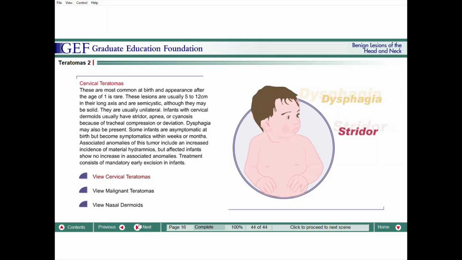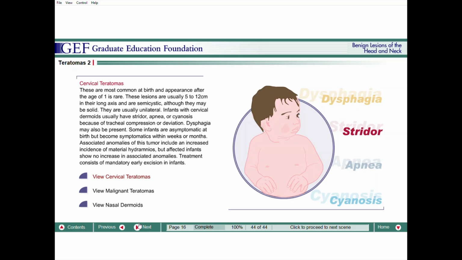Cervical teratomas. These are most common at birth, and appearance after the age of 1 is rare. These lesions are usually 5 to 12 centimeters in their long axis and are semicystic, although they may be solid. They are usually unilateral. Infants with cervical teratomas usually have stridor, apnea, or cyanosis because of tracheal compression or deviation.